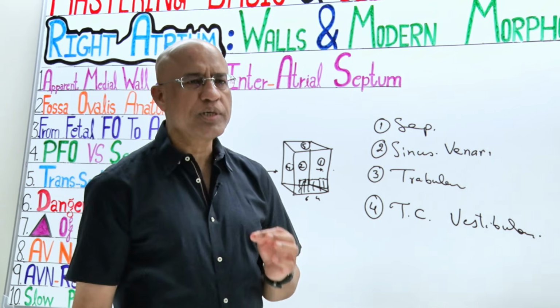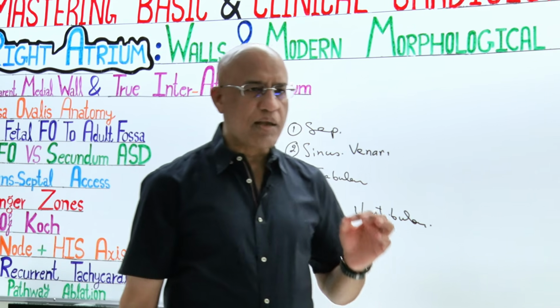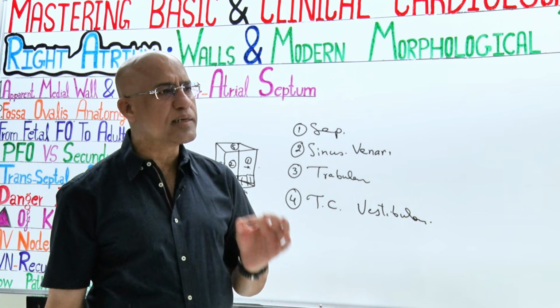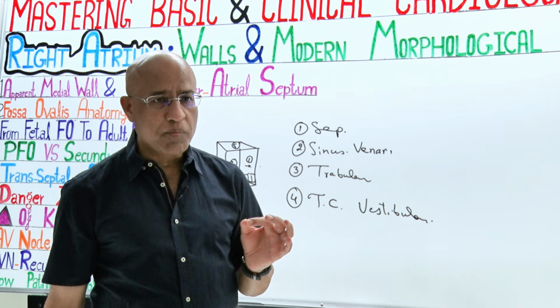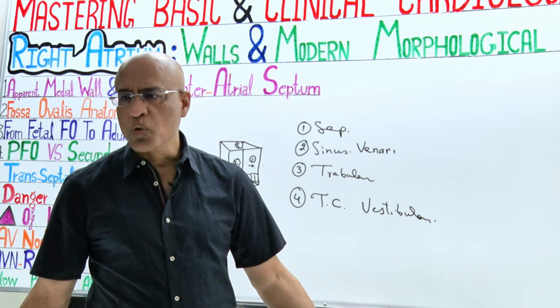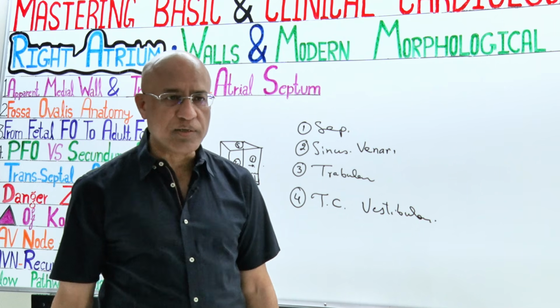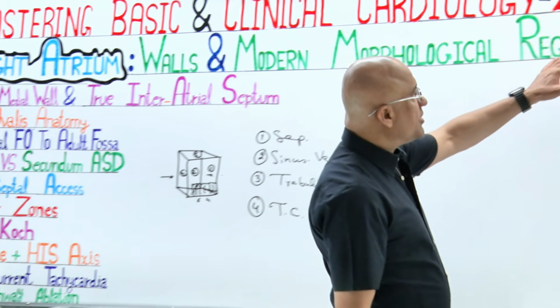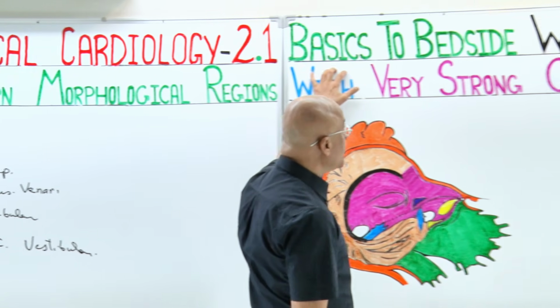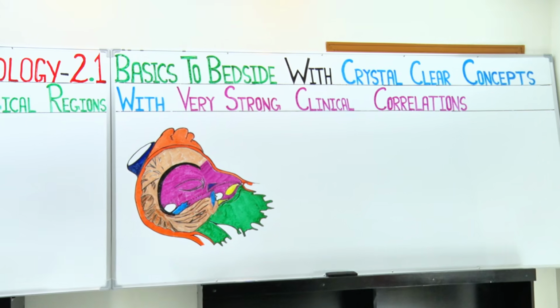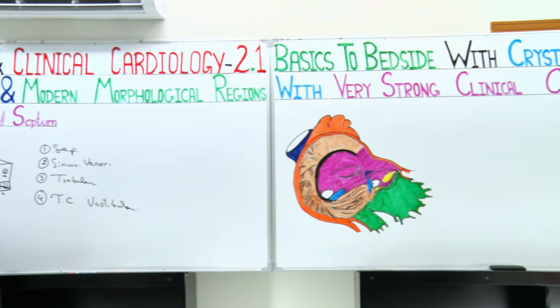But the most important thing is that with every wall, I will strongly integrate the clinical correlations, because there is no fun in studying any atrium or ventricle if you don't know its clinical correlations, right? So the real lecture is from basics to the bedside with crystal clear concepts. So let's start with the medial wall.